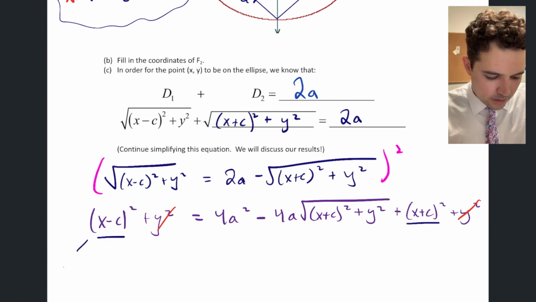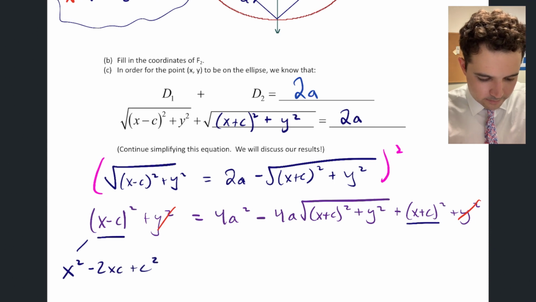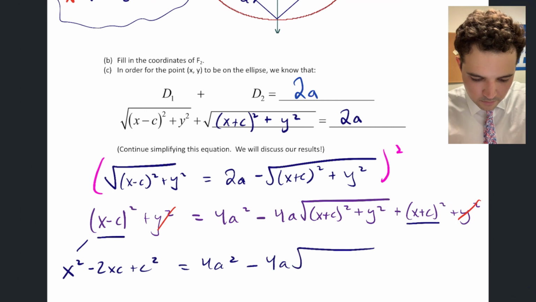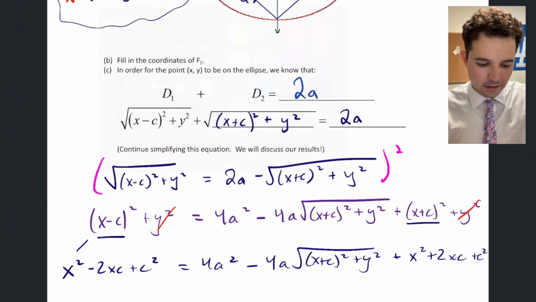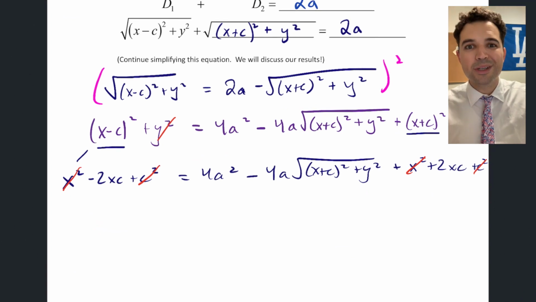This one will give me x squared minus 2xc plus c squared. And this one will give me x squared plus 2xc plus c squared. And again, we can cancel out our x squareds by subtracting x squared, and cancel out our c squareds by subtracting c squared.